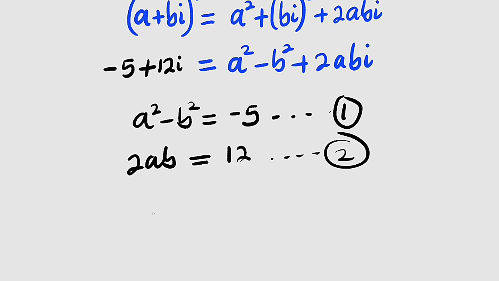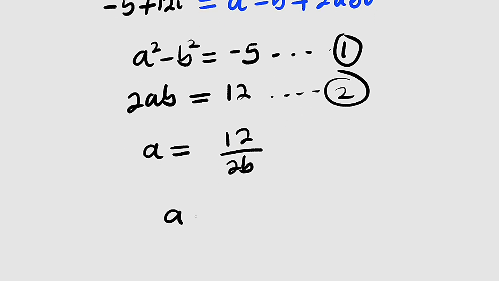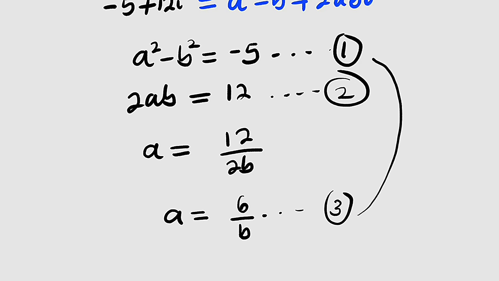From equation number 2, let's make a the subject. a will be equal to 12 divided by 2b. Therefore, a is equal to 6 divided by b. And this is our equation number 3. Now, I want us to plug this equation number 3 into equation number 1. So wherever we have a, we are going to replace it with 6 divided by b.